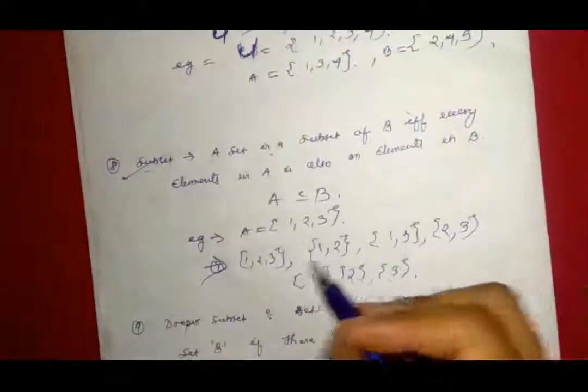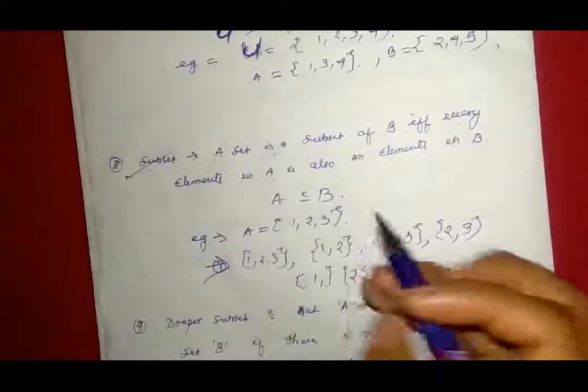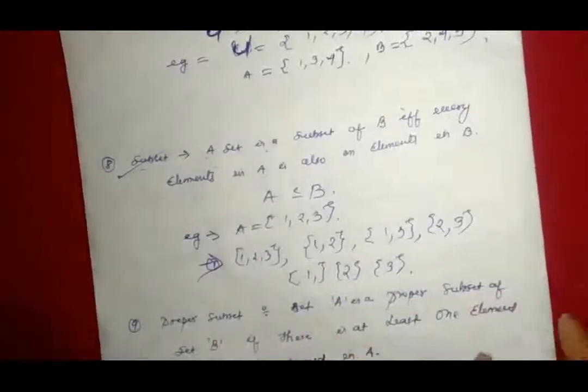So we can see that all these sets are subsets of the given set A. So this is the example for the subset.